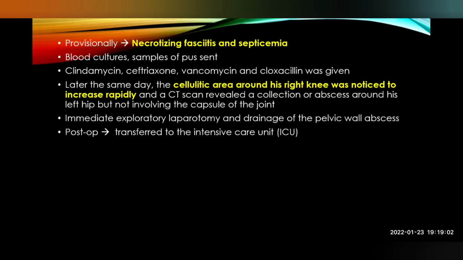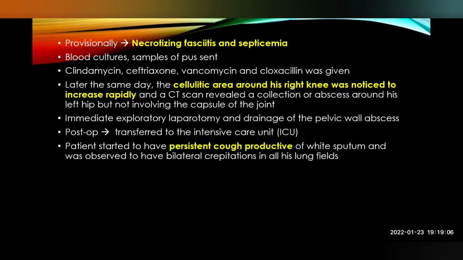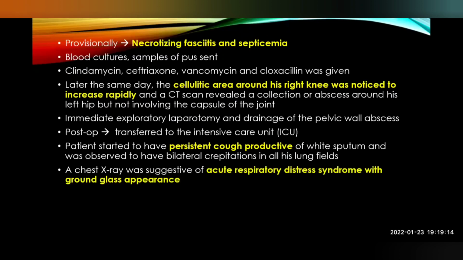Post-op, he was transferred to the ICU for post-op care. In the ICU, he developed a persistent productive cough, and there was bilateral crepitation in all the lung fields. Chest X-ray was suggestive of ARDS with GGOs. Blood and pus, which were sent previously, yielded the growth of MRSA.